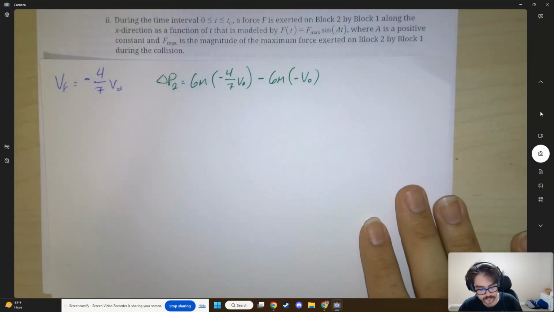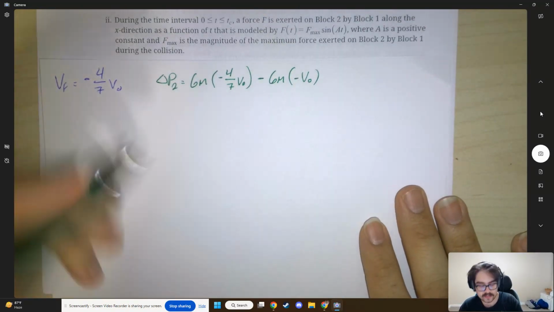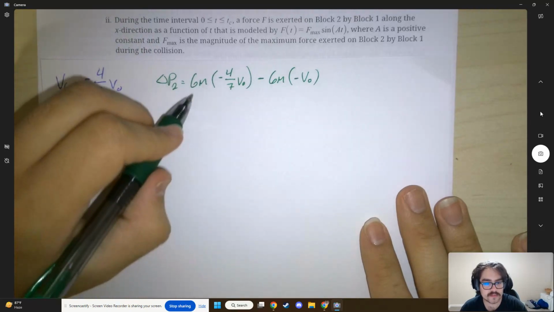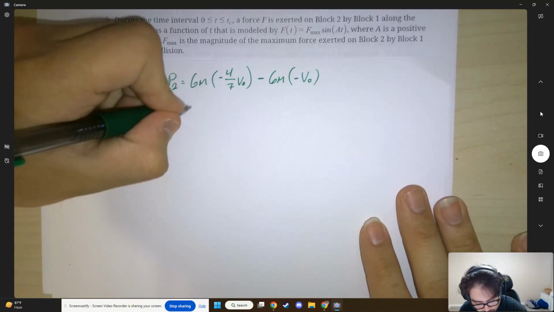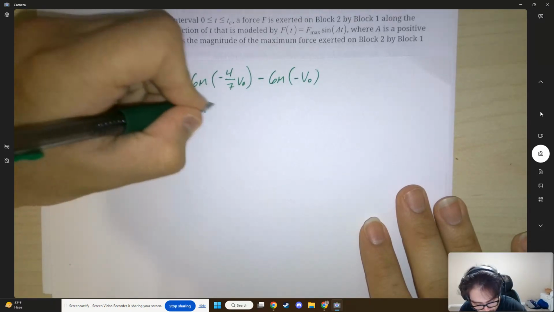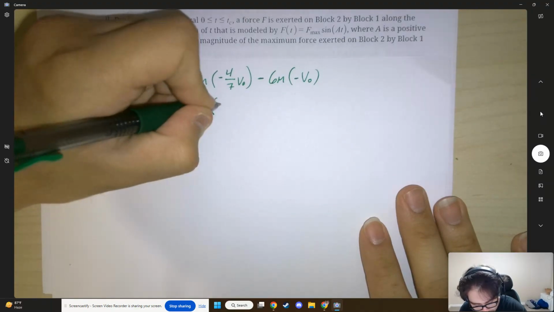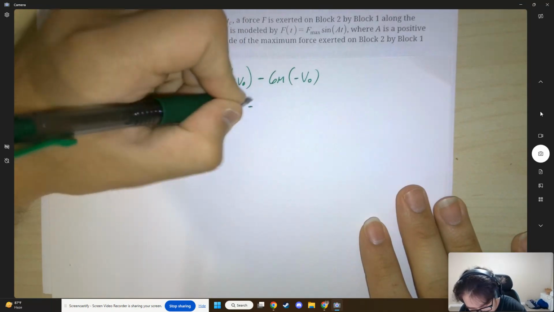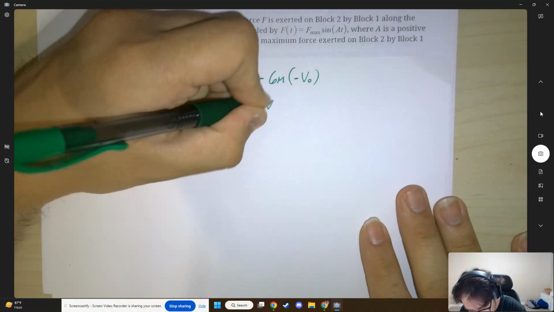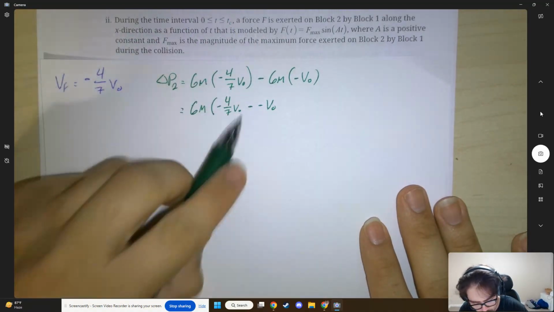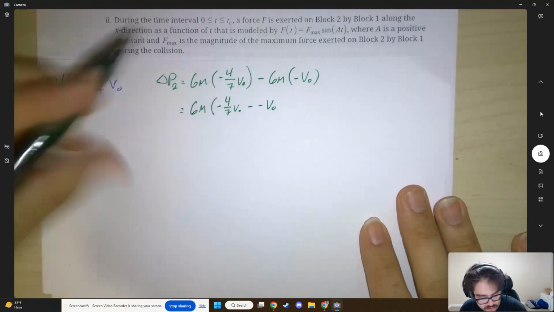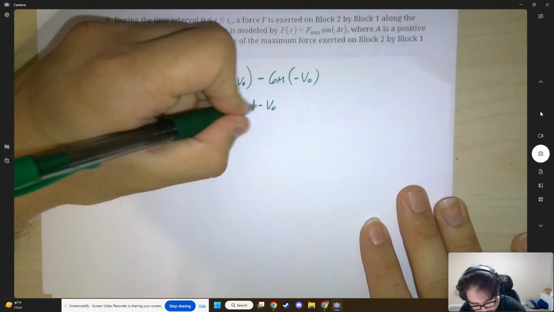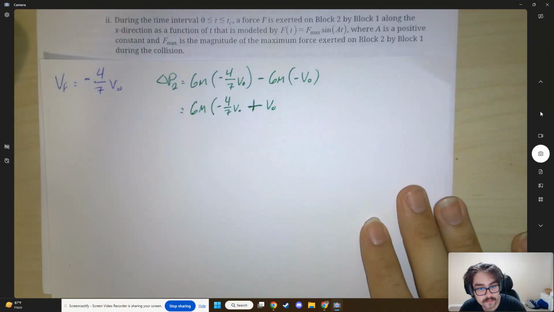So it becomes negative. And the first thing I notice is I can factor out the 6m. So it's going to be 6m times parentheses, -4/7 v naught minus negative v naught. Oh, minus negative v naught, that's just going to turn into positive, right? Plus v naught.